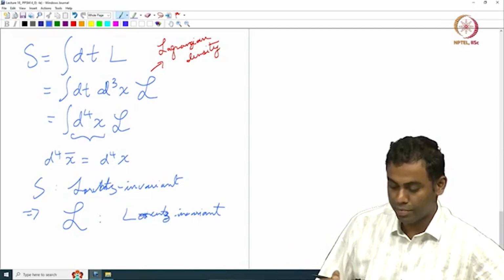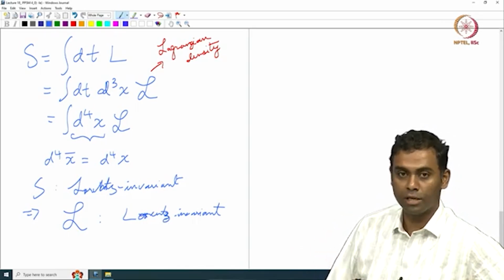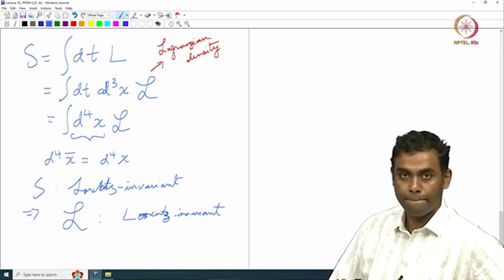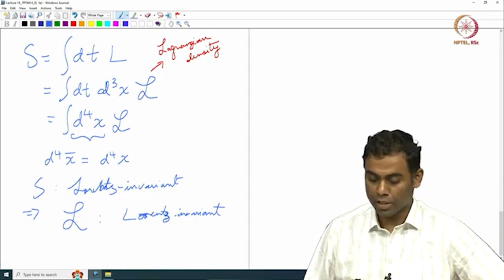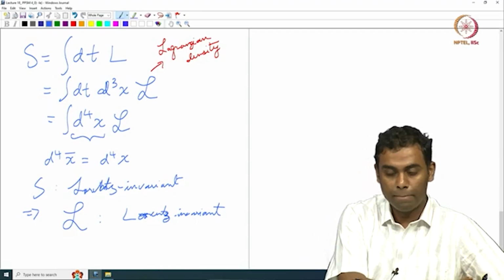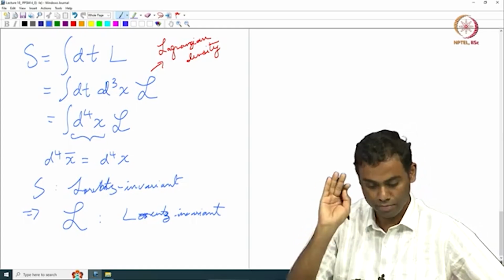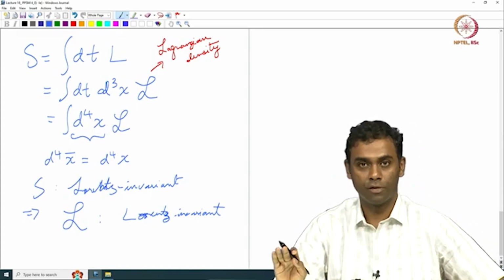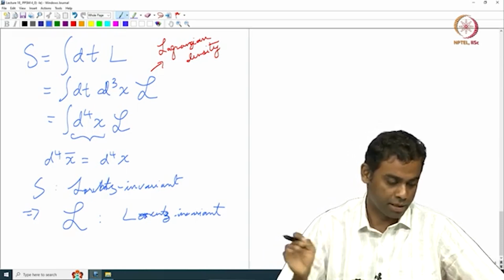So sometimes I might slip into saying that, but remember from here on when I say Lagrangian, I actually mean the Lagrangian density. Okay? So this you should never forget. Whenever you look at a Lagrangian or whenever you try to construct a Lagrangian, make sure that it is Lorentz invariant. We are dealing in flat space time. Everything is Lorentz invariant from here on. Okay? Alright.